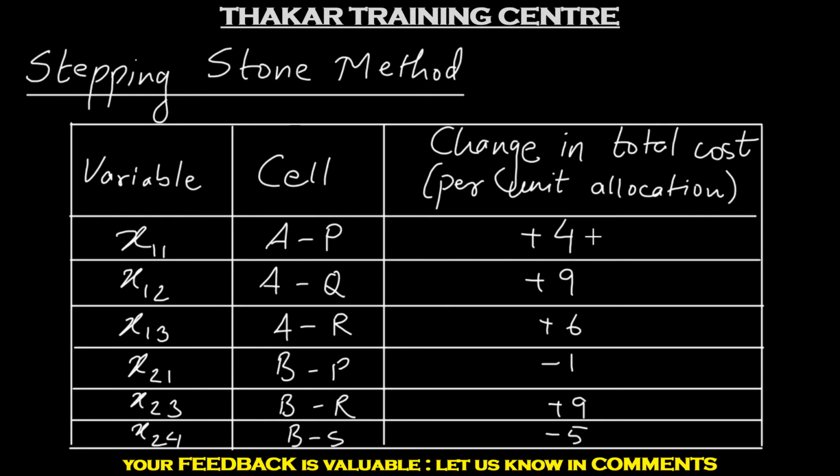It can be understood whether a given solution is optimal or not by looking at this table. So when we are doing the optimality check, we found out that for 2 cells, we had a reduction in the total transportation cost for every unit allocation. So if all of these values would have turned out to be positive, it would have meant that the total transportation cost cannot be reduced. So we can say that the solution is an optimal solution if all these costs turn out to be positive.